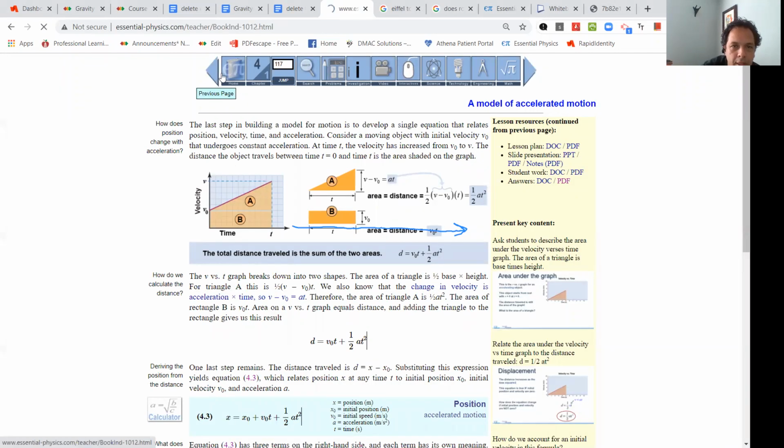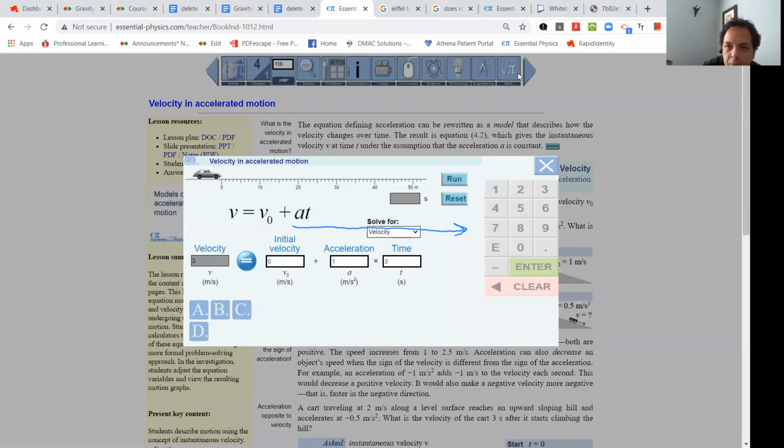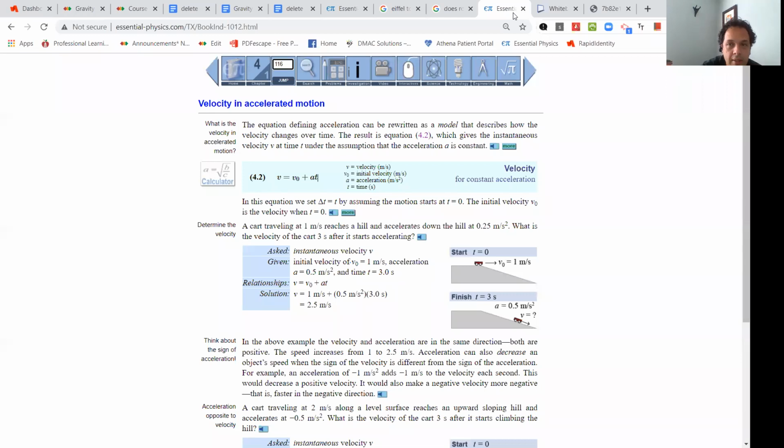So you're going to go to page 116. I'll put some links up. Here's page 116, and you can use this calculator. And see, here it says solve for velocity. So acceleration, we're going to change that to negative 9.8. And initial velocity, I think that we said it was 49.